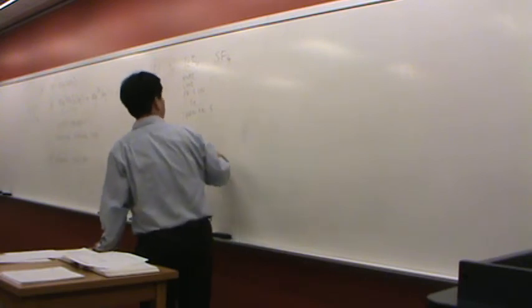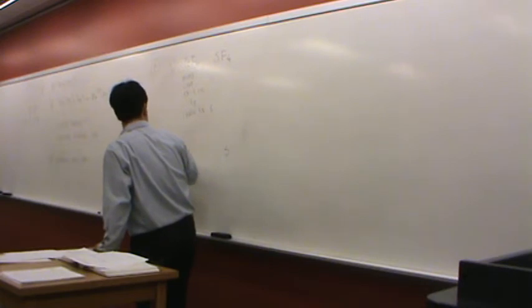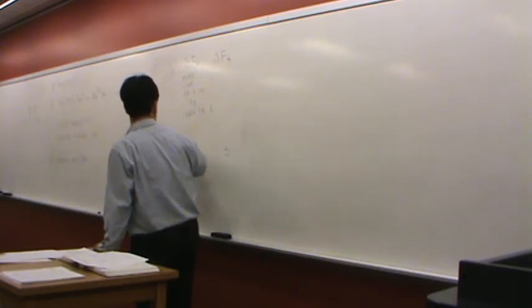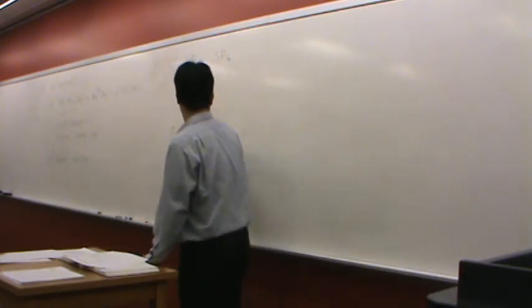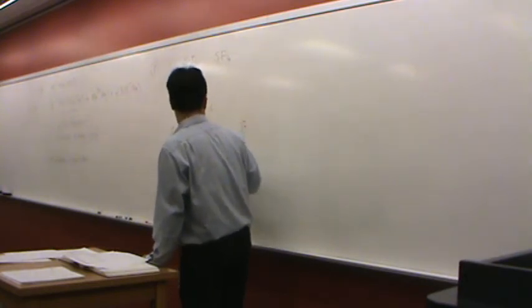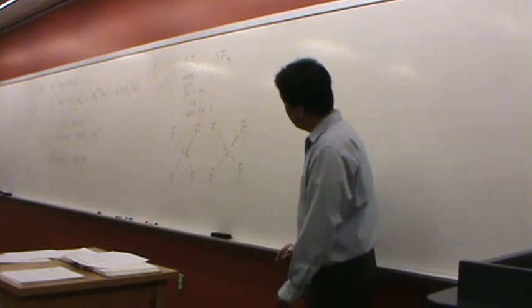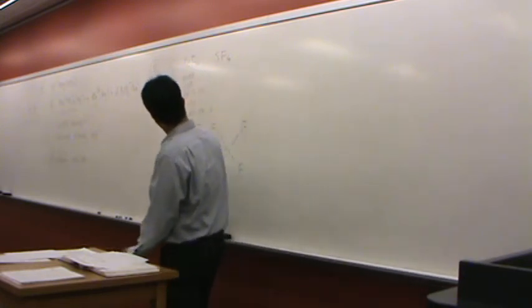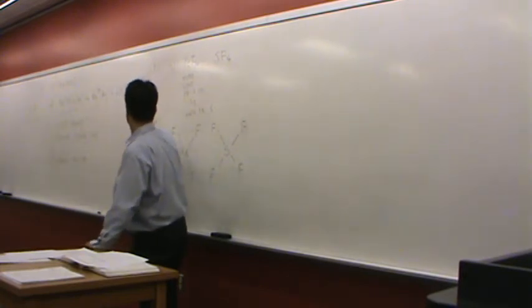So here's Xe, here's S, and here you have F4. So we've got 1, 2, 3, 4 fluorines. And SF4 is very similar. It has 1, 2, 3, 4 fluorines. Now the problem is fluorine has 7 valence electrons.